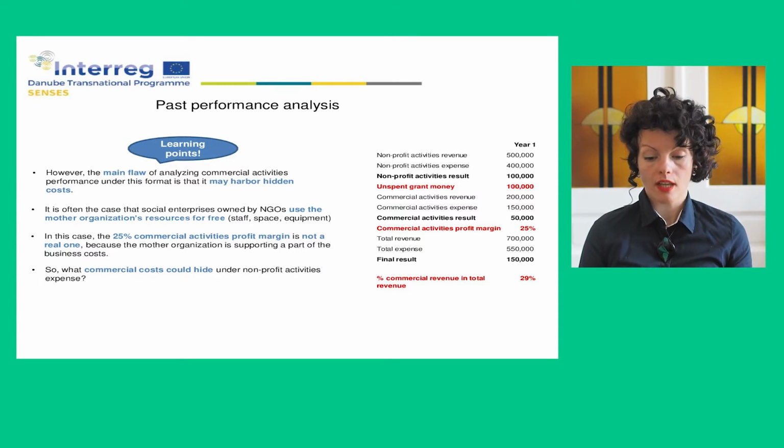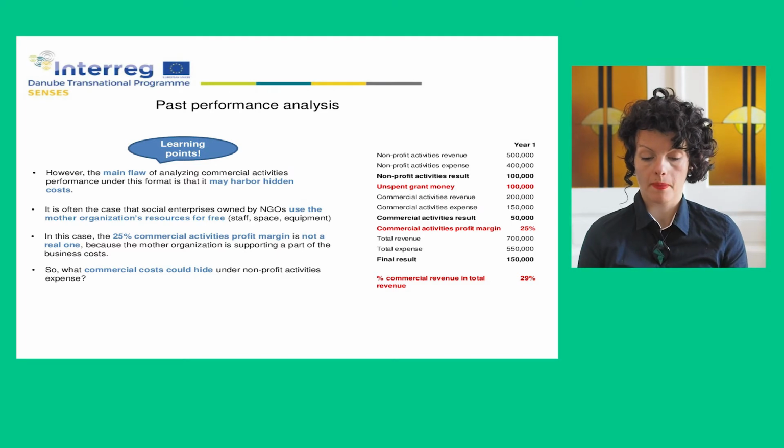It is often the case that social enterprises owned by NGOs use the mother organization's resources for free: staff, space, or even equipment. In this case, 25% commercial activity profit margin is not a real one because the mother organization is supporting a part of the business costs.